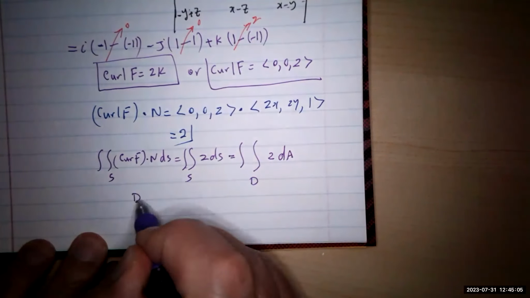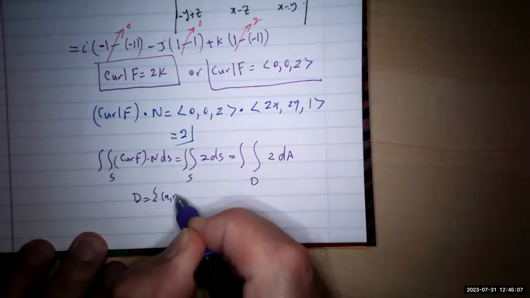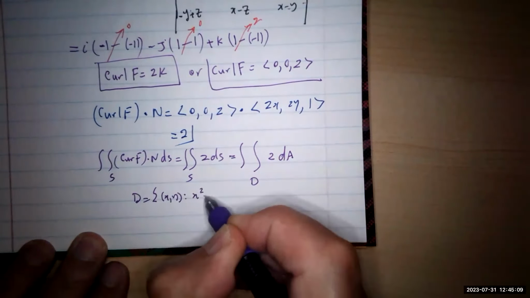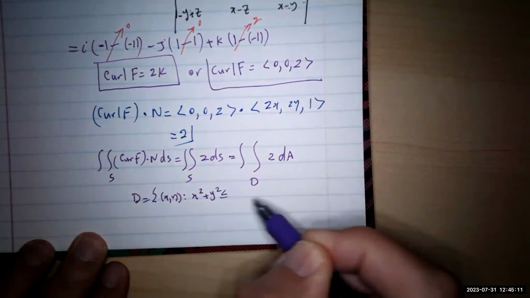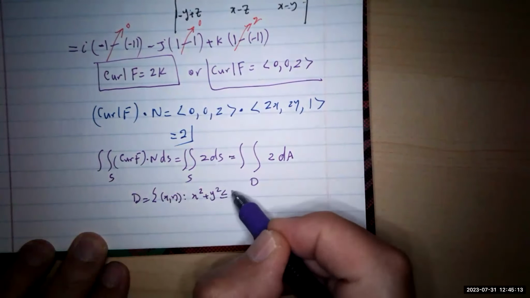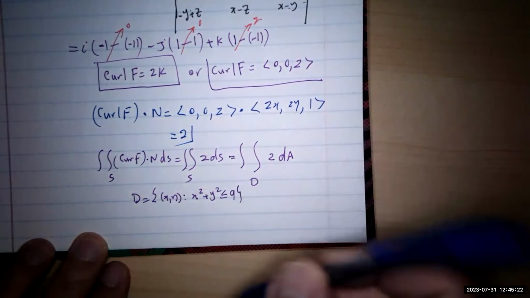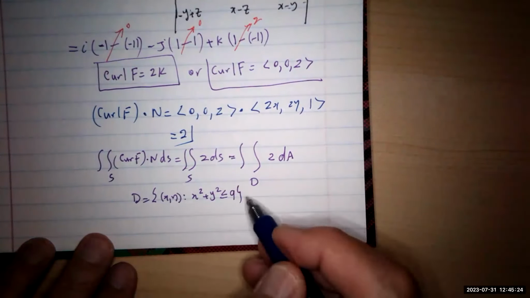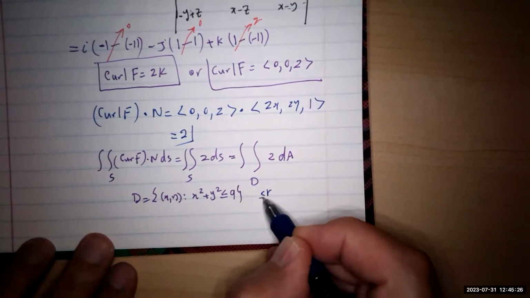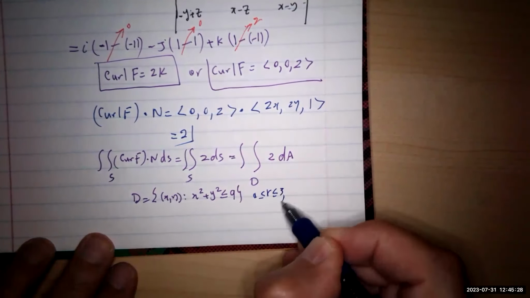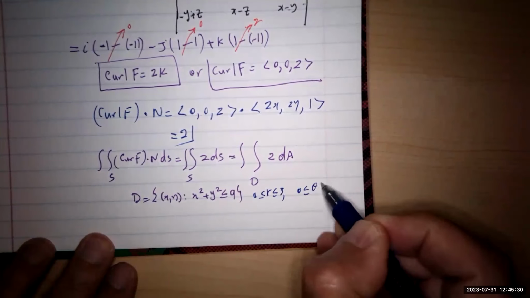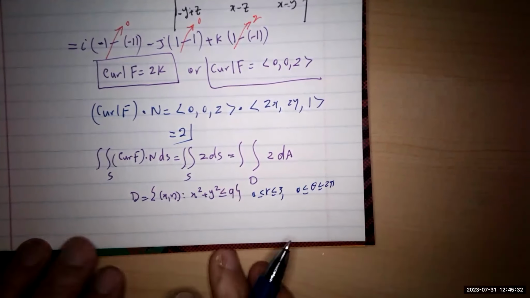But remember, your domain was the circle, and we already took care of this one. It was x squared plus y squared less than or equal to 9. So we change it to polar coordinates. In polar coordinates, r is going to be between 0 and 3, and theta between 0 and 2 pi.